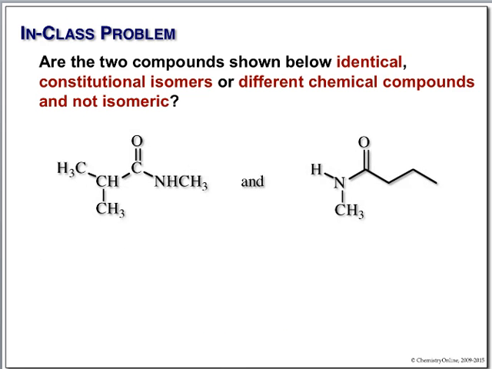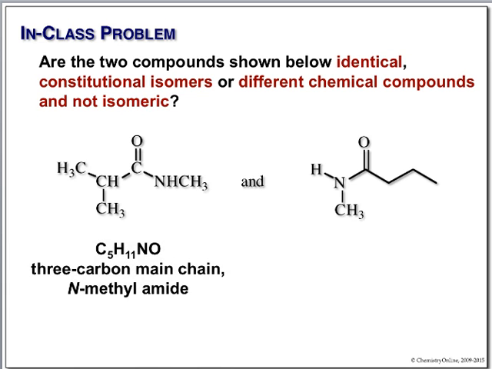One more simple one here. These are amides, aren't they? Have a carbonyl, and we have a nitrogen attached to one side of our carbonyl. Here we have a 1, 2, 3 carbon chain, and then an NHCH3. We also have a CH3 hanging down through here.